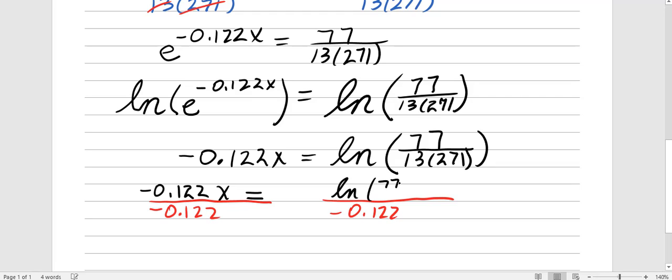Now, if you know how to use your calculating device, you can enter this in one step without having to preliminarily do anything. And you're going to get an approximation. So I'm going to do that.